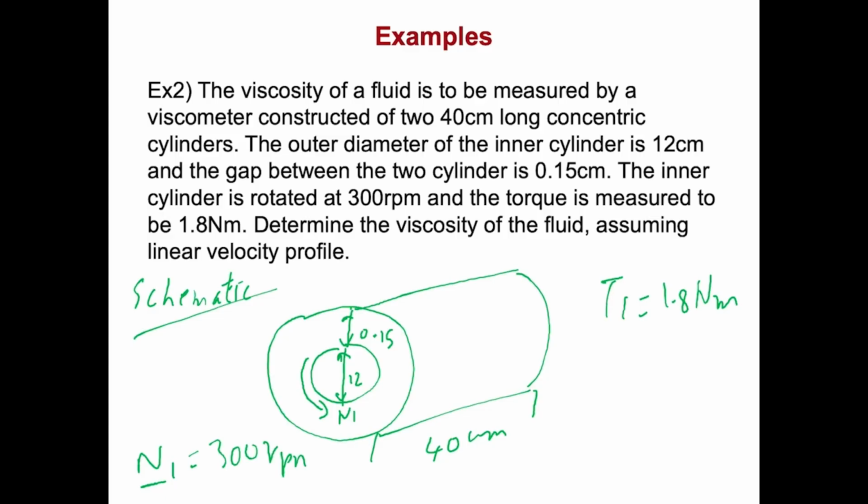The question is, you need to determine the viscosity of the fluid. Again, you're assuming a linear velocity profile, and essentially your outer cylinder is stationary. So the outer cylinder is not moving, so it's fixed.